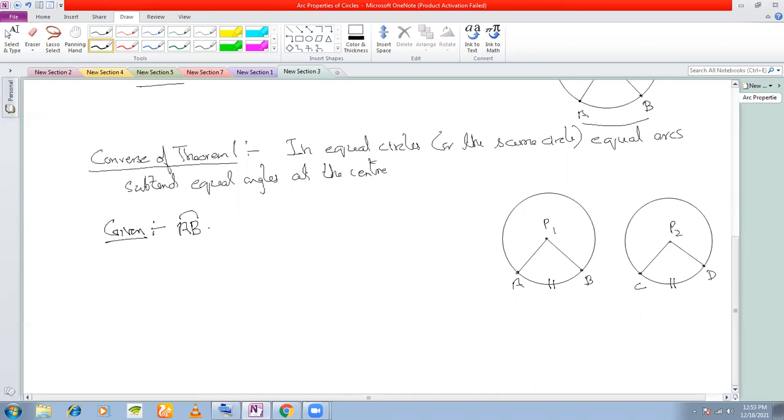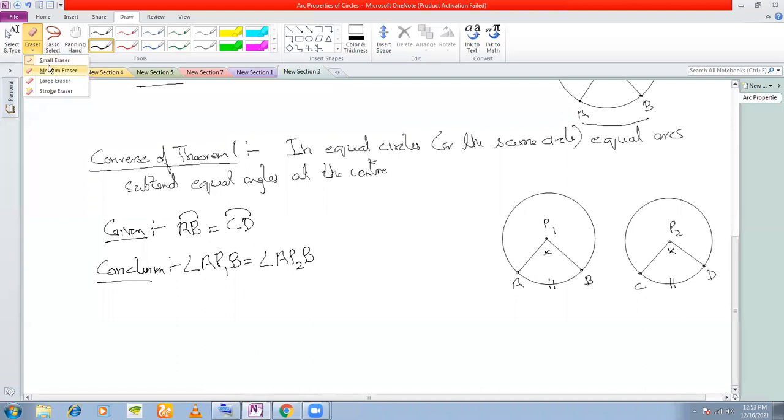Length of the arc AB is equal to length of the arc CD. Then you can conclude that the angle subtended at the center must be equal. That is, angle AP1B must be equal to angle CP2D. So this angle here must be equal to this angle here, given that the arcs are equal.